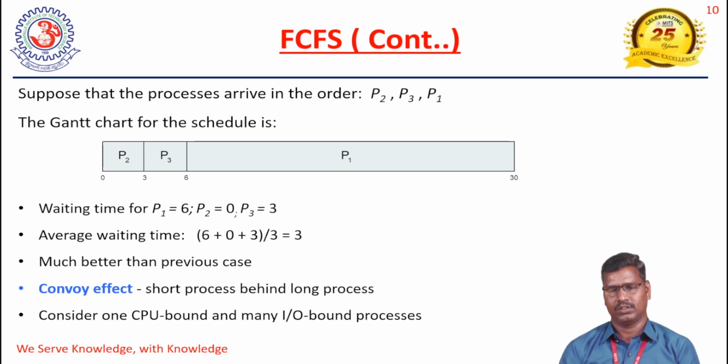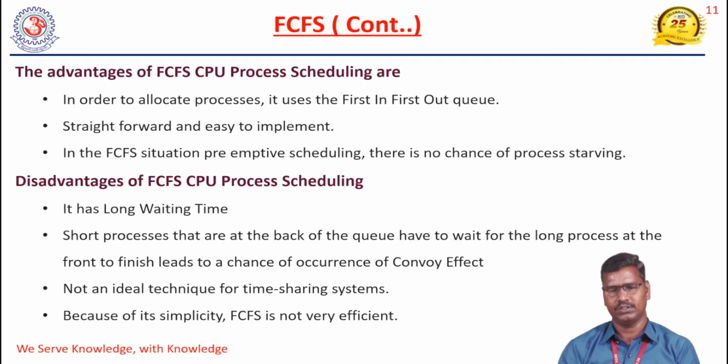Okay, and we see the advantages and disadvantages of first come first serve. The advantages of first come first serve CPU process scheduling: in order to allocate processes, it uses a first in first out queue only. Based on the ready queue, the process that enters the ready queue first is executed first.